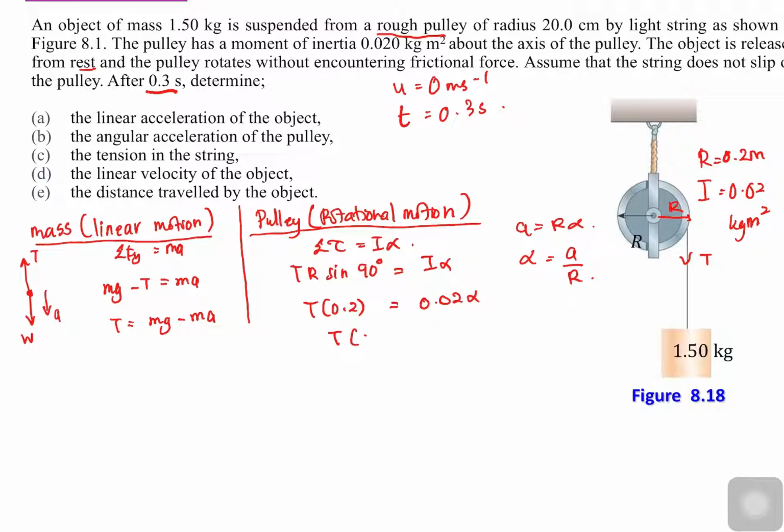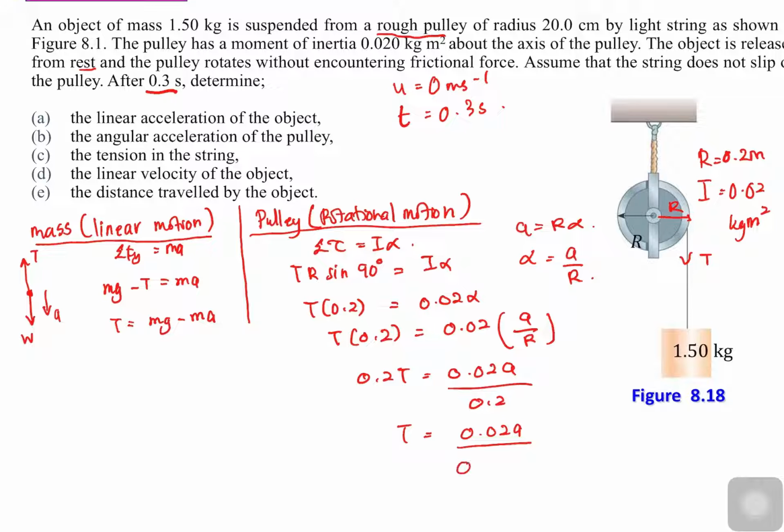So T times 0.2, alpha I make a over R, so 0.2 T equals 0.02 a over the radius 0.2. So T equals 0.02 a over 0.2 square. This will be my first equation.